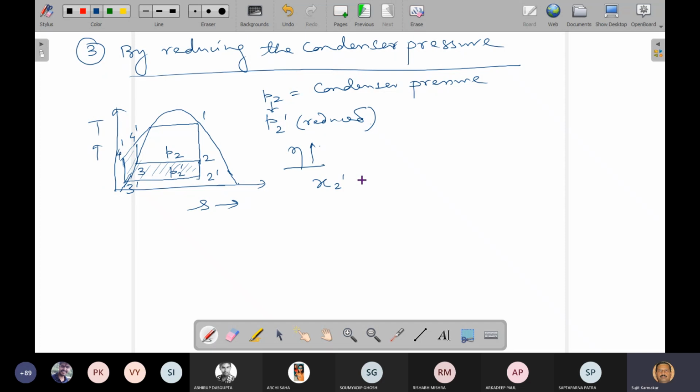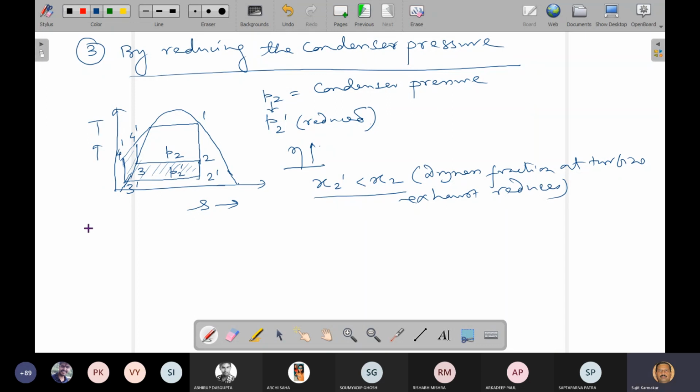Yes, sir. So x2 dash is less than x2, correct? So that means in this case the dryness fraction at the turbine exhaust reduces, which is definitely not a desirable condition.